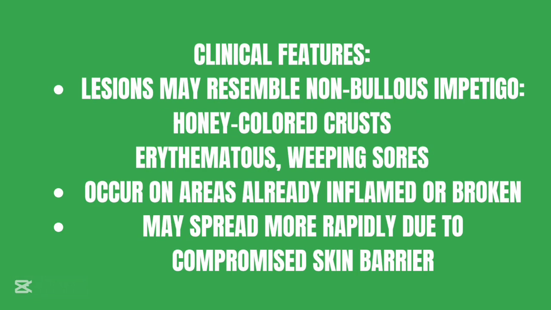Clinical features of secondary impetigo: there's oozing, crusted sores on already inflamed or itchy areas. You have your honey-colored crust, which may still form, but they are often irregular or widespread, and the skin may be more inflamed or more painful than in primary impetigo. And it has the tendency of spreading more rapidly because the skin is already compromised.